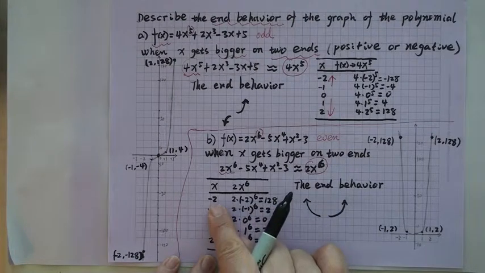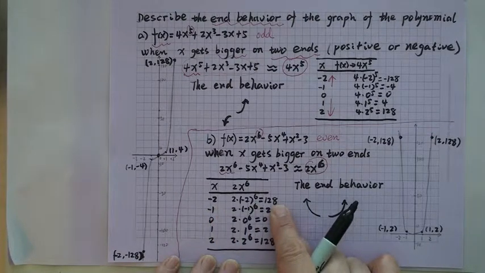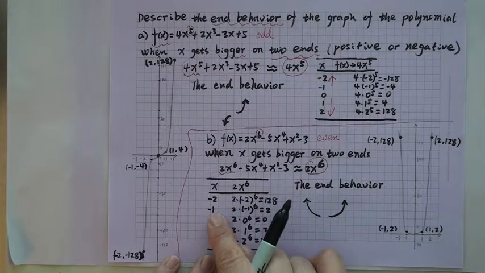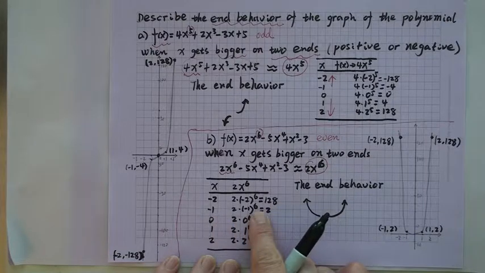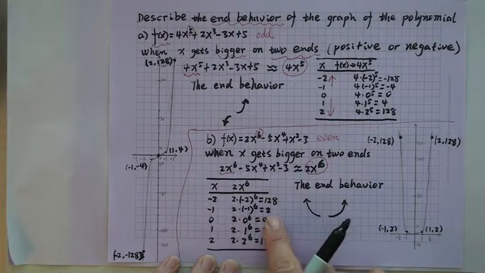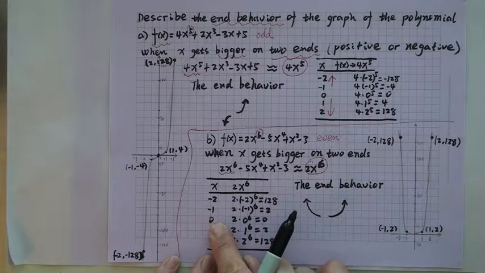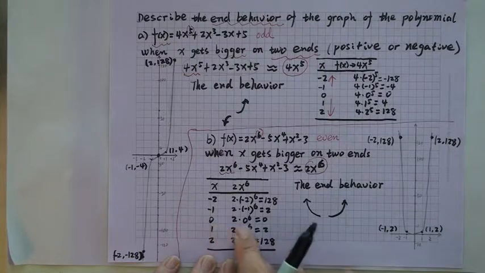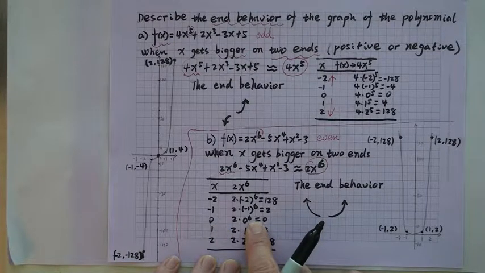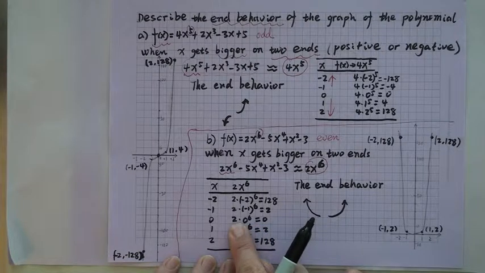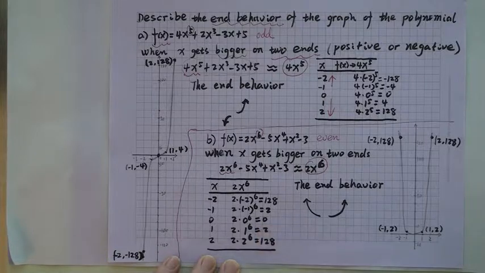So when x is negative, you get a positive. When x is negative 1, negative 1 to the 6th is 1, times 2, you have a 2. And then here input 0, 0 to the 6th is 0, and then times 2, you have a 0.